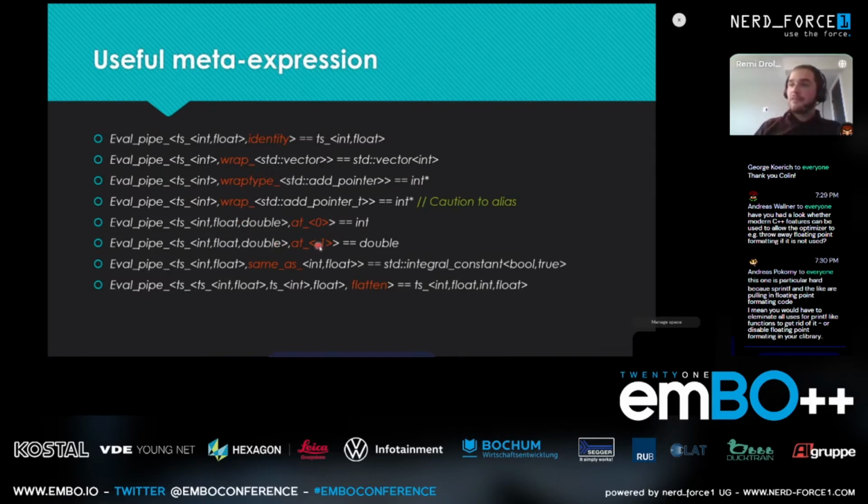So at -1 it's double, and -2 will be float, -3 will be int, and in both cases they will wrap around once they go beyond the end. So for example, at of 3, 0, 1, 2, 3. And the same thing on the other side. So -4 will be double, etc.